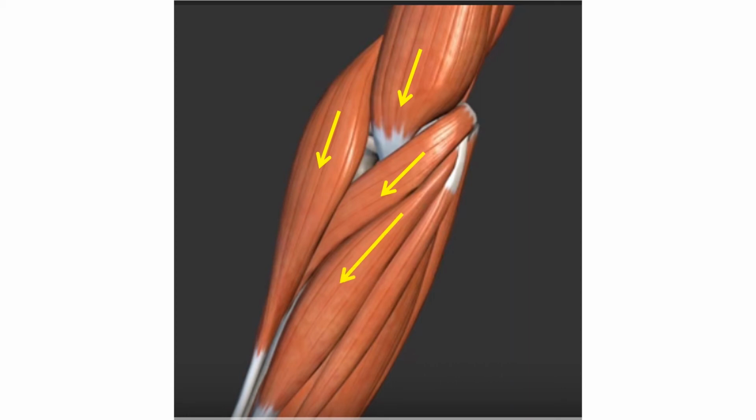What is this muscle? This muscle is coming inferior to pronator teres from the medial supracondylar ridge, going towards the lateral side. This is the flexor carpi radialis, and this muscle here is the palmaris longus, and the most medial muscle is flexor carpi ulnaris.